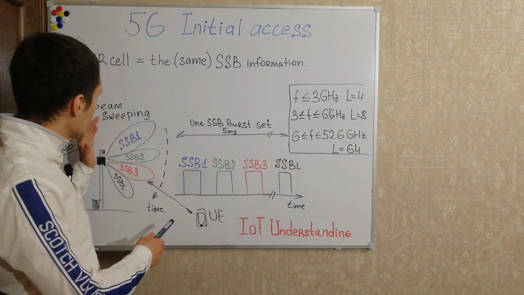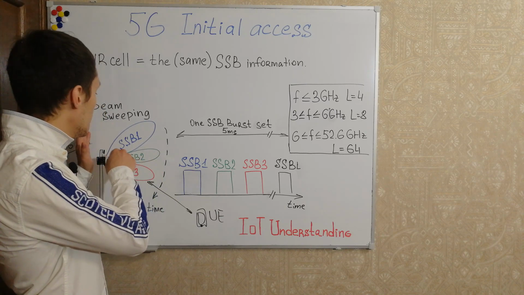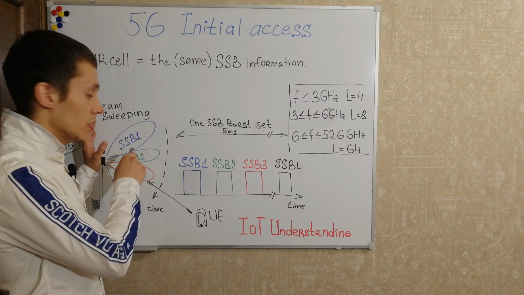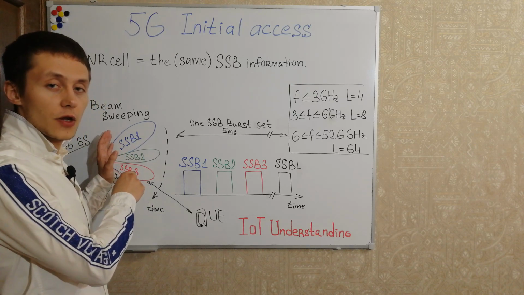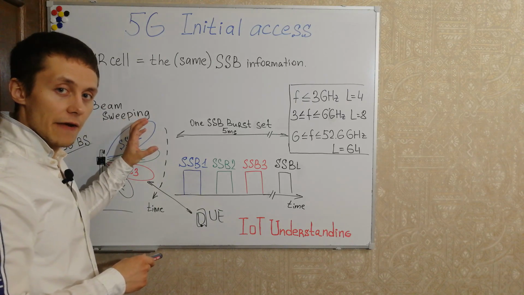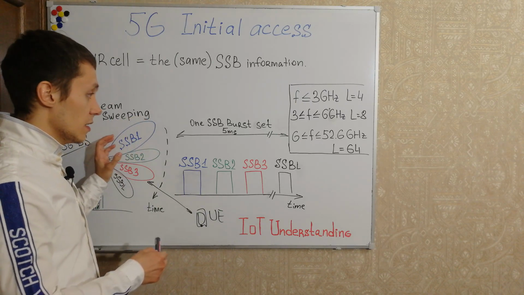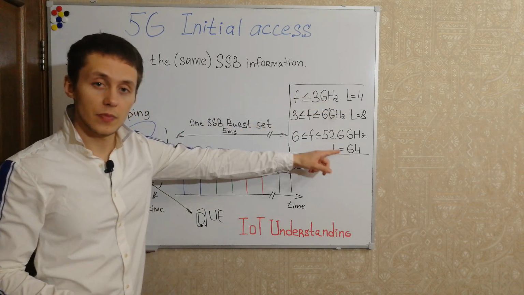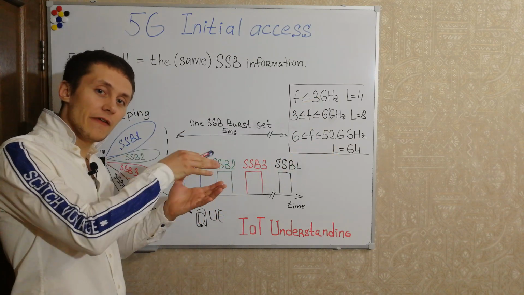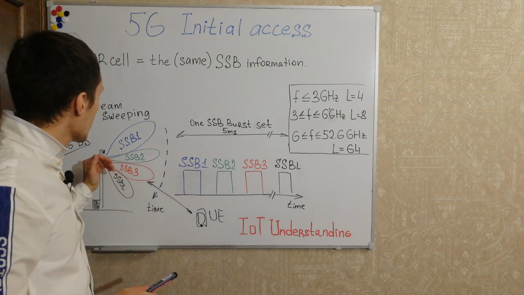In space, the 5G base station uses special antenna techniques called beam sweeping. It forms narrow beams, and the more SSB blocks, the more beams we have, and the narrower the beams.